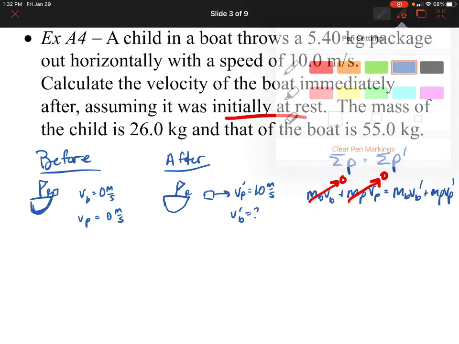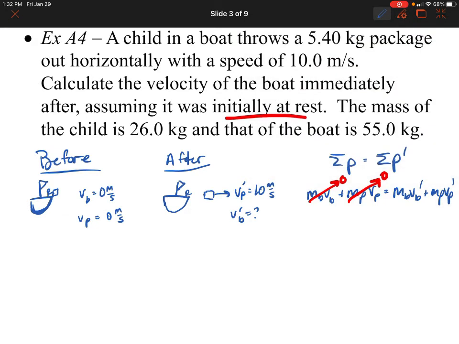Okay, and then one other thing I need to do is define a positive direction. Obviously, here we don't really have positives or negatives, but based on my diagram, I'm going to say to the right is positive, so the direction the package is going in is positive. So we should just get a negative answer for the speed of the boat.